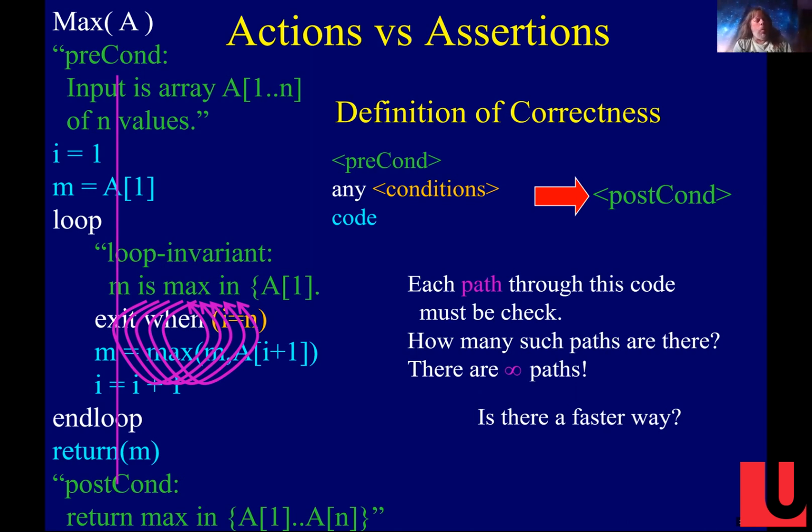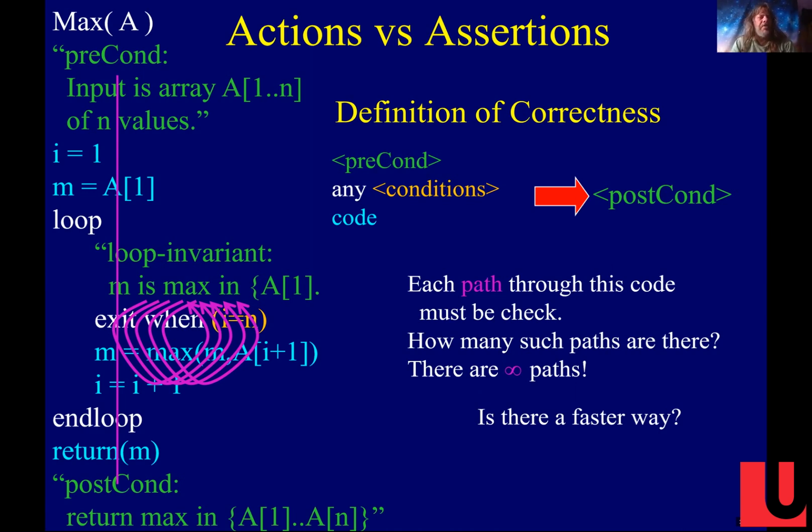We're going to add one assertion in here. We could add assertions wherever we wanted, but the classic place to add it is at the top of the loop. Once we have these assertions, each subpath just gets us from one assertion to the next assertion.